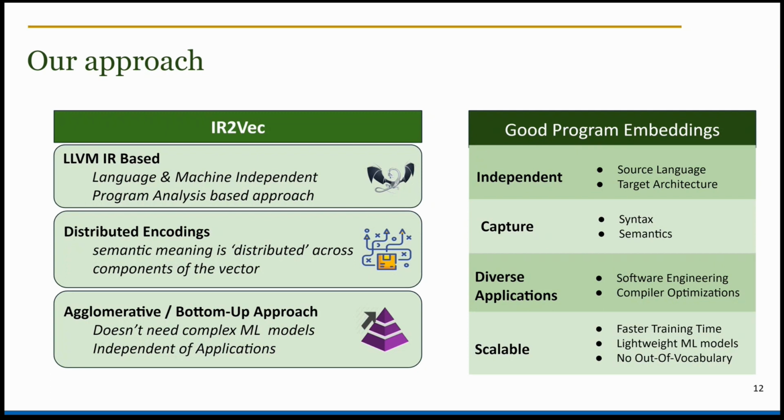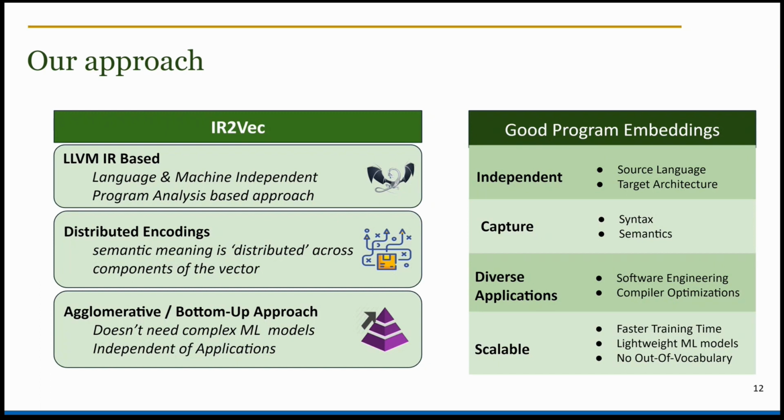What happens in feature-based representation is that every dimension of this vector has some specific meaning. When it comes to distributed encodings or distributed representations, the vector put together as a whole has a meaning. And finally, we follow an approach called bottom-up approach, so as to avoid out-of-vocabulary cases.